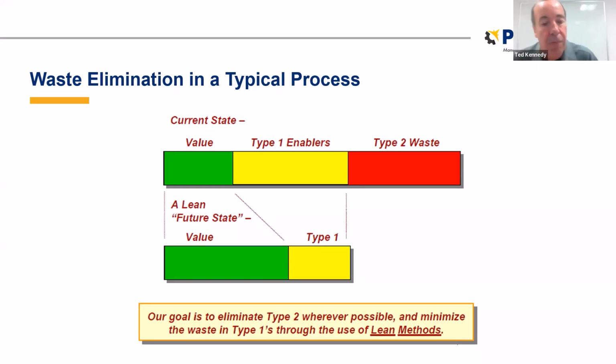But you may have to have them keep inspecting a prior person's work for a while until you can get that out of the system. Some of those take a while to get out. So the future state may not be the perfect state, but you may have some of this waste in here. We call it type 1 waste, that is needed in the system just because that's the way the system is now, and we're not able to eliminate it easily.